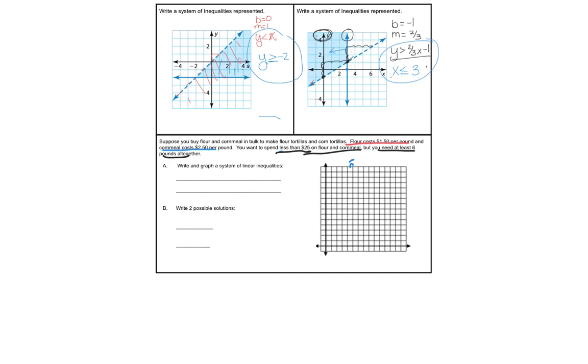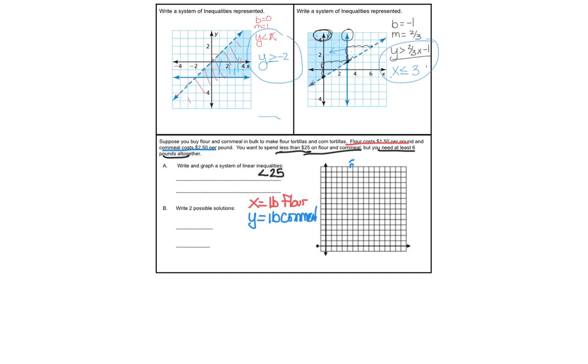All right, let's set our variables. X is going to be the number of pounds of flour. Y is going to be the number of pounds of corn meal. All right. So I need to spend less than $25. So we know we're going to have less than. It didn't say or equal to, it just said less than.